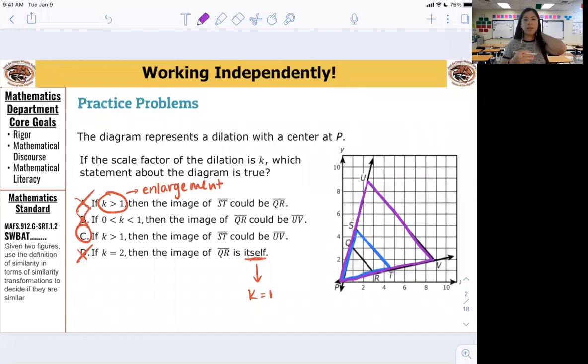You can't count it because it's not vertical and it's not horizontal. All of those lines are slanted in some way, so you can't count those cubes. So you would have to use the distance formula, and if you use it, you can figure out what the scale factor is. All right, so good question. Any other questions on this?